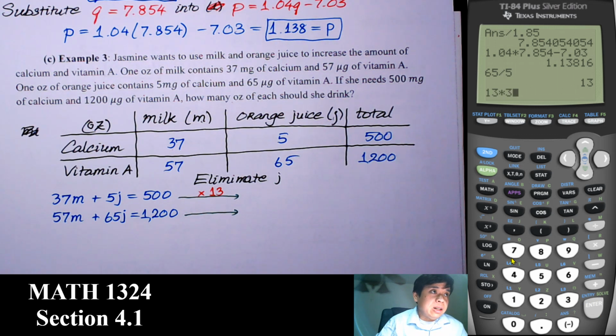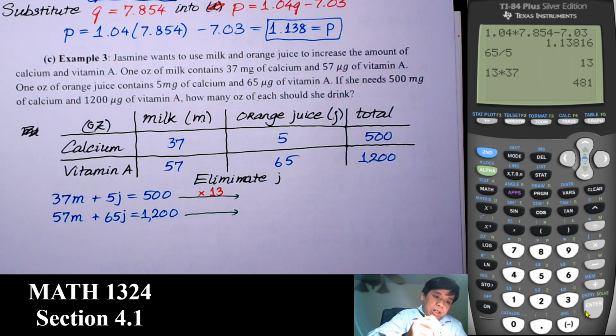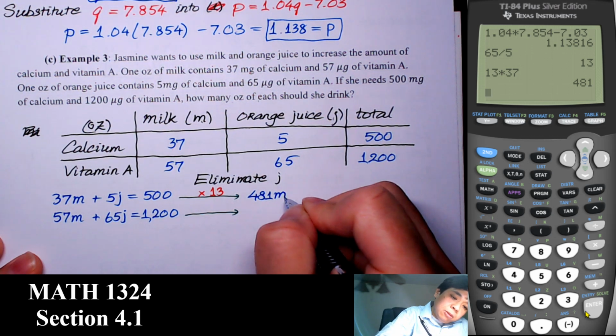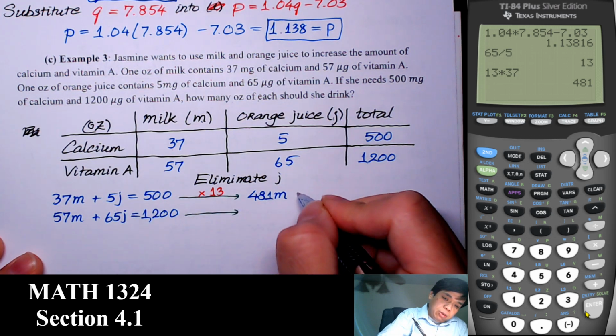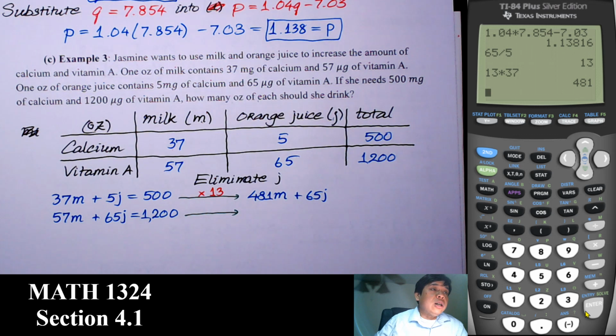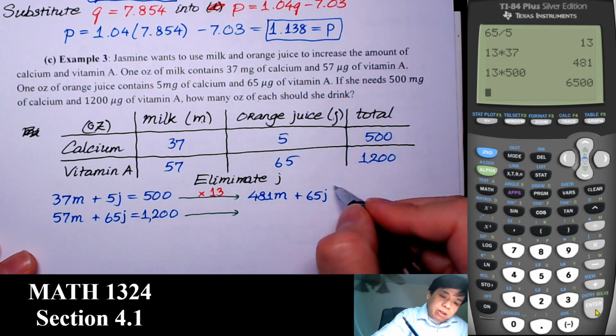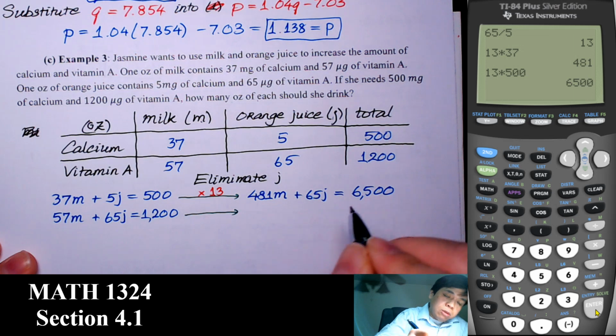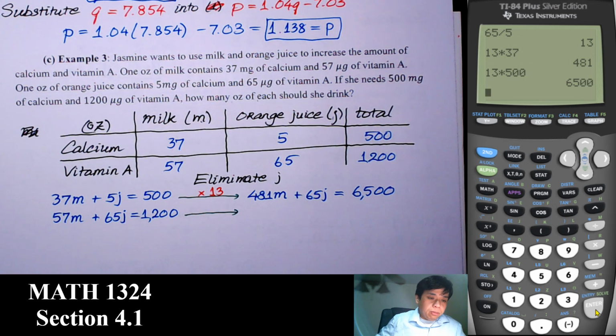13 times 37 is 481m, and that gives 65j, and 13 times 500 is 6500.